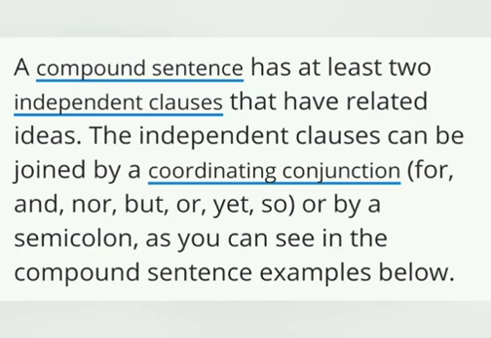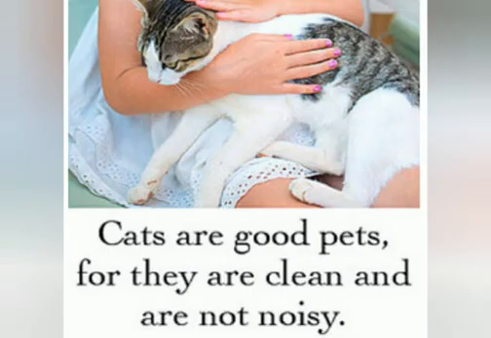Let's start working on it, reading it again and again and solving the worksheet. Can you see the example, children? Cats are good pets. One sentence. For, conjunction. They are clean and are not noisy.